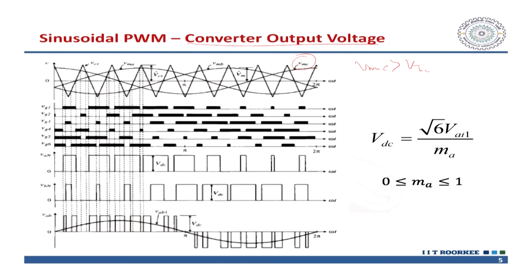Based on that, you have 6 gate signals for the 2 level inverter, VG1, VG2, VG3, VG4, VG5, VG6. Accordingly, pulse width duration will change, and ultimately these are the phase voltages. This is VAN, VBN. If you add these phase voltages, then you will get the line voltages, and ultimately you can find that these are the line voltages of this PWM nature.